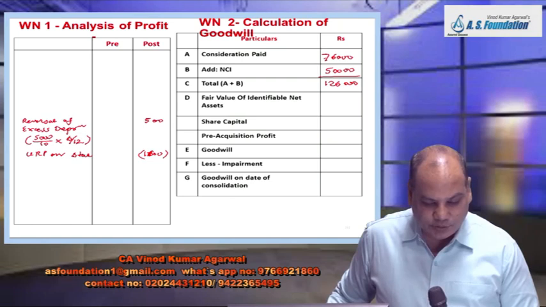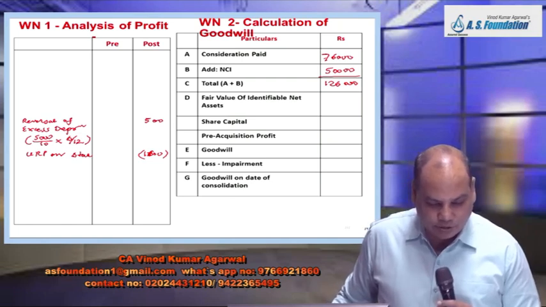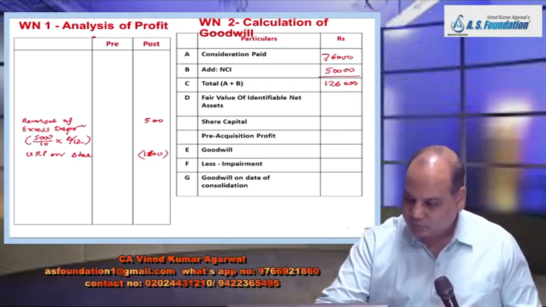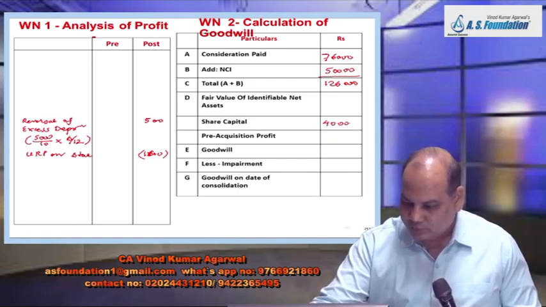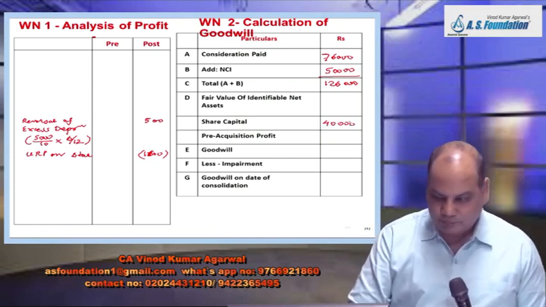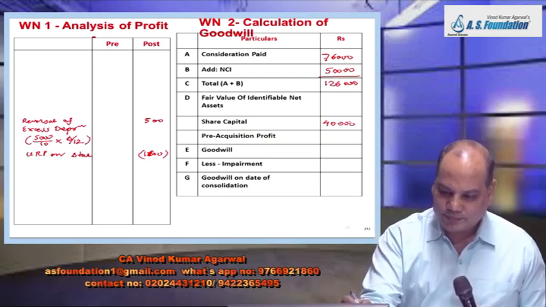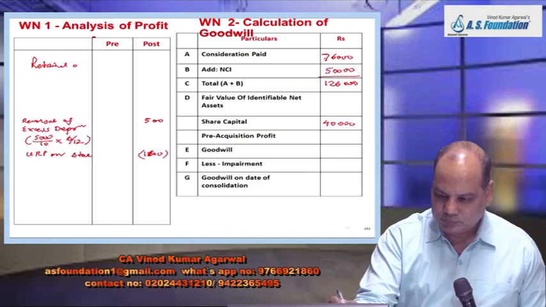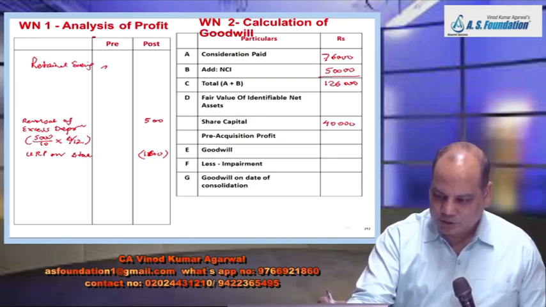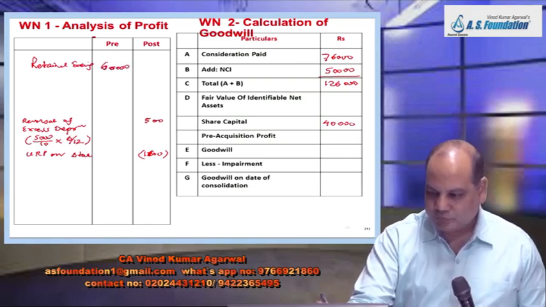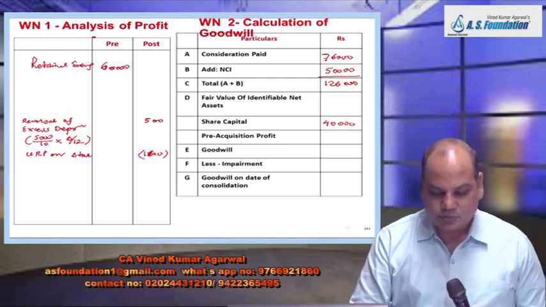Come back to your question. Share capital of subsidiary is 40,000. Right here in goodwill working, share capital 40. And this 69,000 write on the analysis. Retained earning. Pre-acquisition write down 60,000. In bracket write 69,000 minus 9,000.